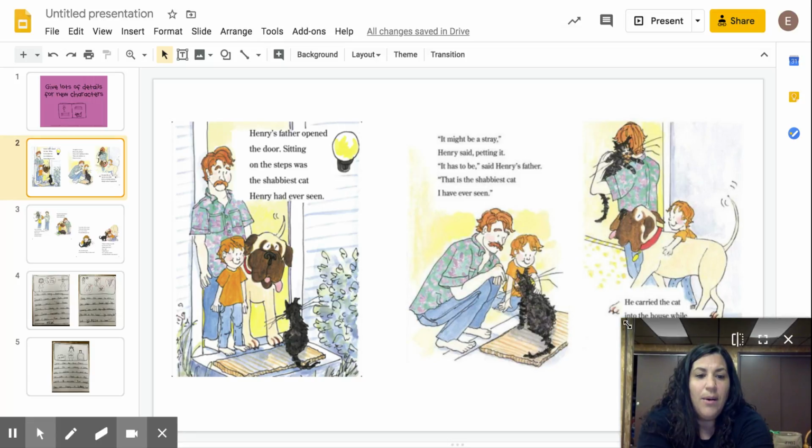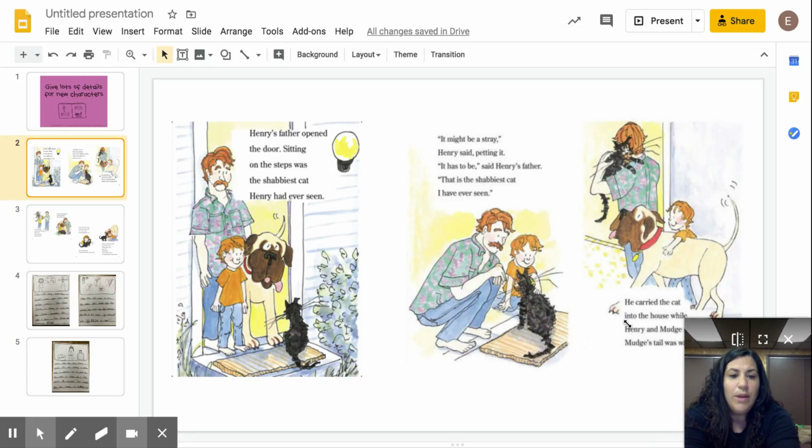Okay, there we go. So the first page here is where she's telling us about when they found the cat. And it says, Henry's father opened the door. Sitting on the steps was the shabbiest cat Henry had ever seen. It might be a stray, Henry said, petting it. It has to be, said Henry's father.